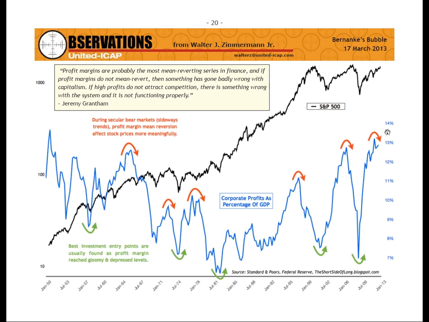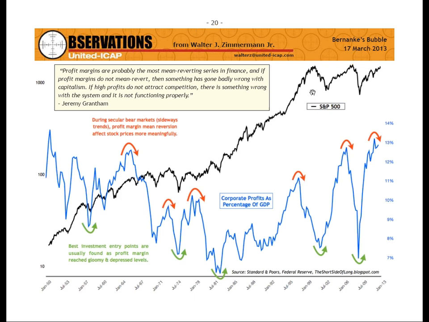And at present, the concern is whether this recent rally to new all-time highs in corporate profits as a percent of GDP is a bubble, like this was a bubble into 2005, and like this was a bubble into 1998.